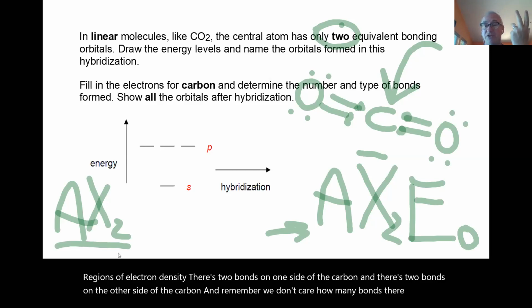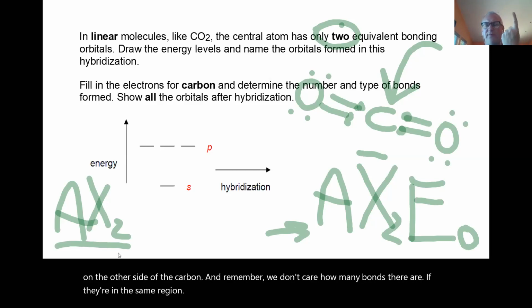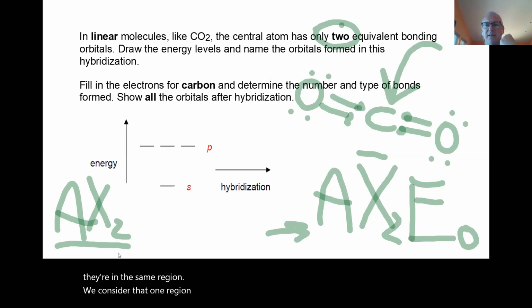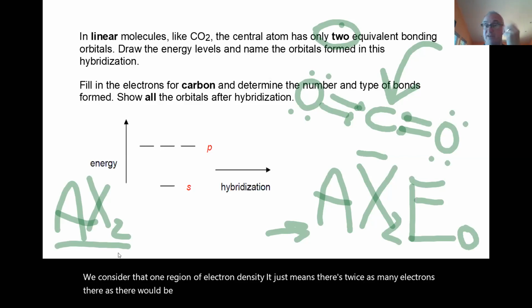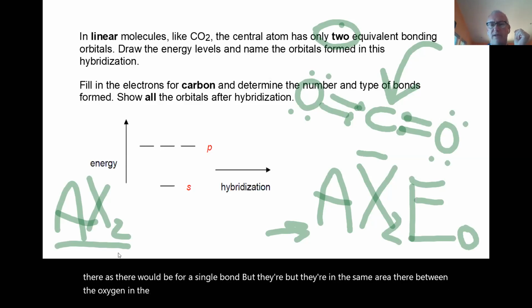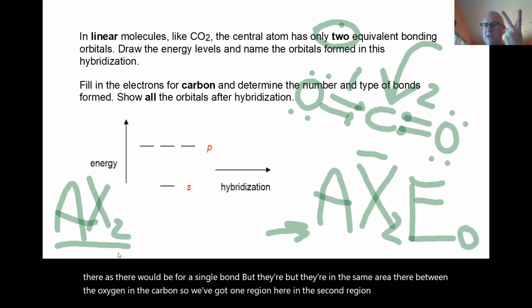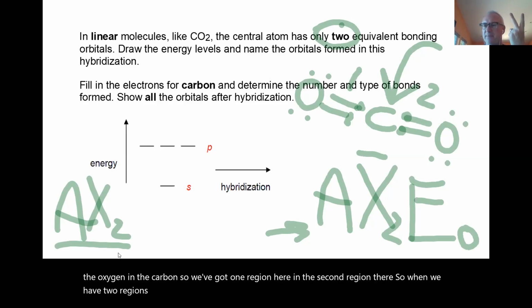If they're in the same region, we consider that one region of electron density. It just means there's twice as many electrons there as for a single bond, but they're in the same area, between the oxygen and the carbon. So we've got one region here and a second region there. So when we have 2 regions of electron density, what shape does that molecule take on?